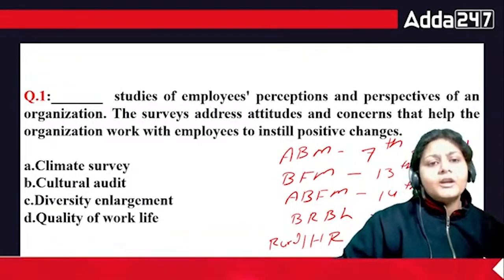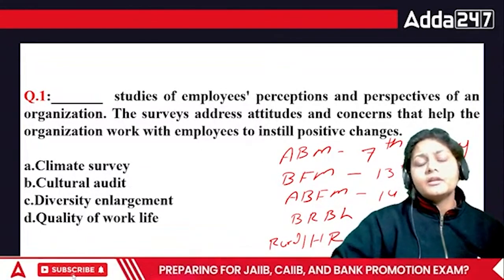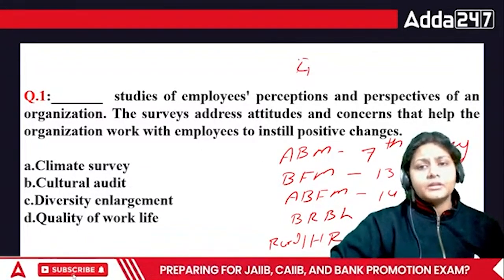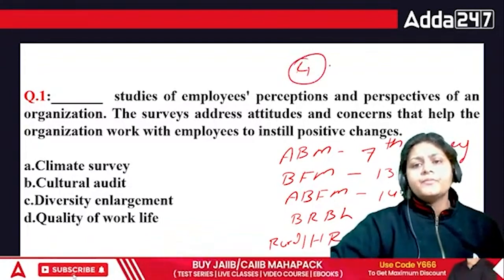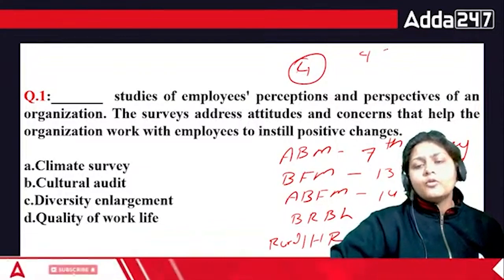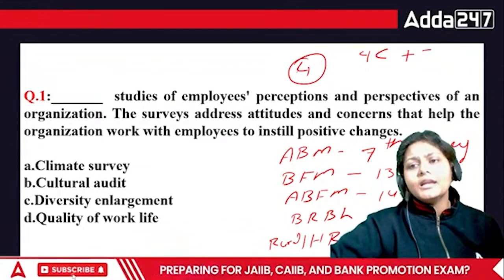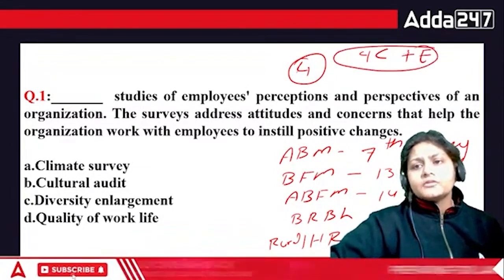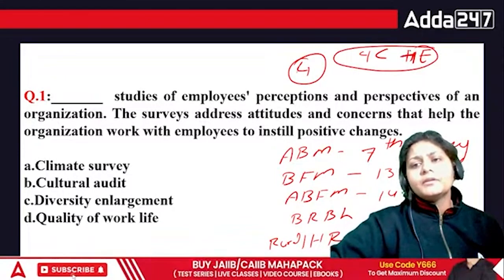So definitely you have approximately March, April, May, June, 4 complete months in your hand for the preparation of the CIB exam, and you have a total of 4 compulsory papers and 1 elective paper.